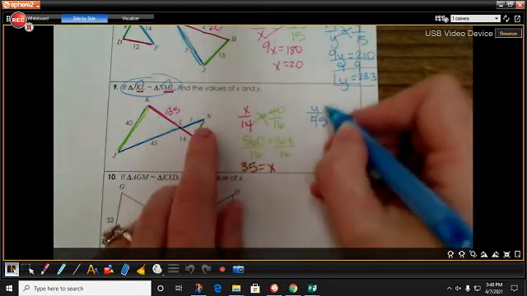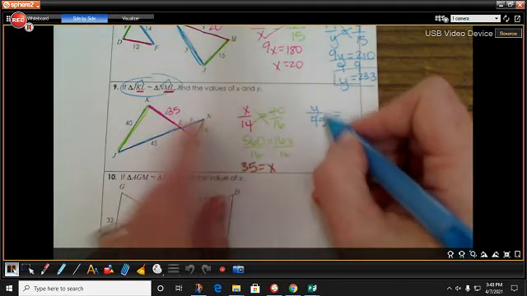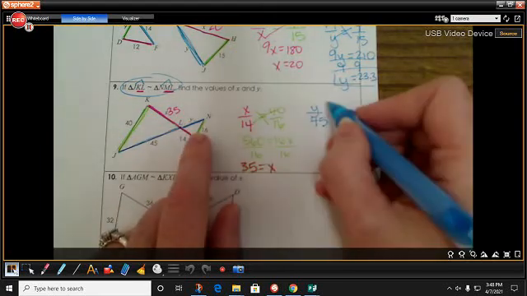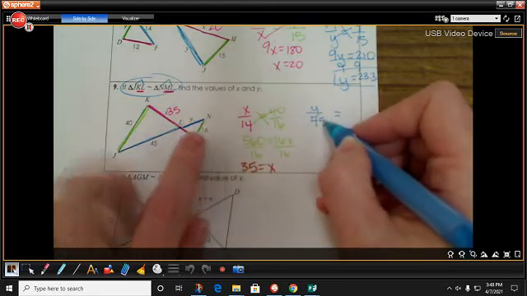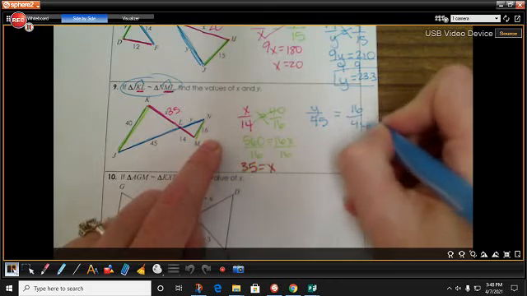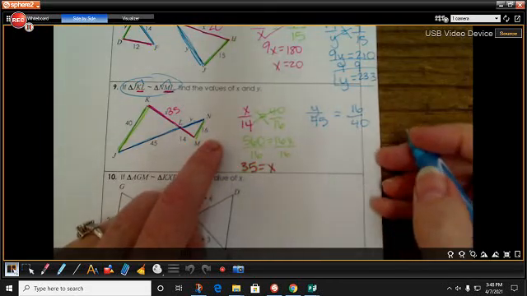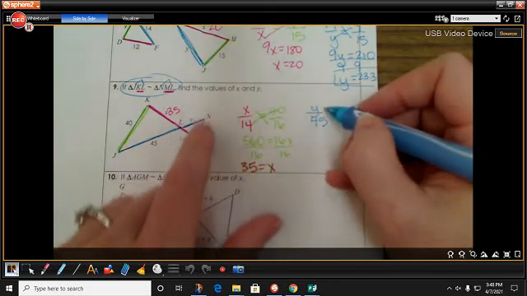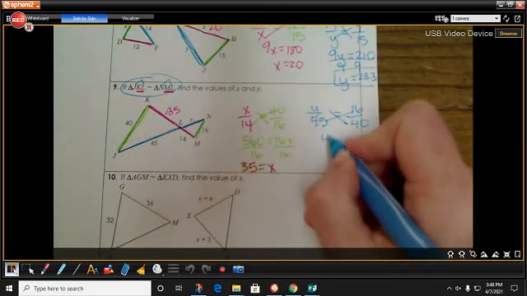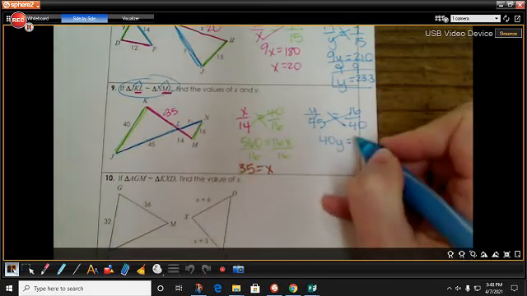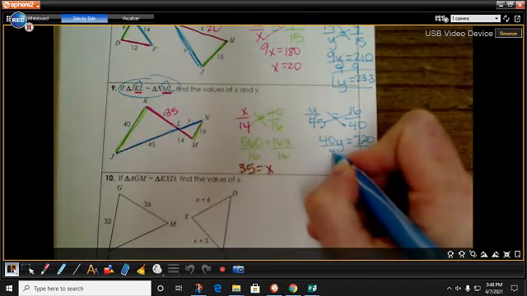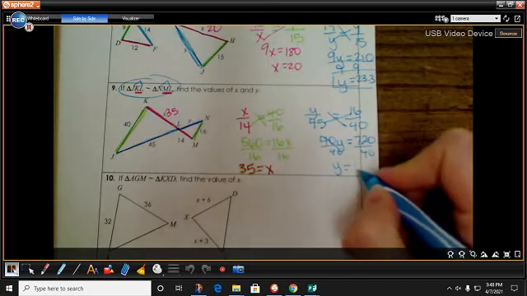So if I do small first in my ratio, I need to do small first in my second ratio. So if I did y to 45, I can do the 16 to the 40. So I can use my fractions upside down as long as I'm still keeping parts in their corresponding positions. And so I have 40y is going to equal 720. And when I divide it out, y comes out to be 18.